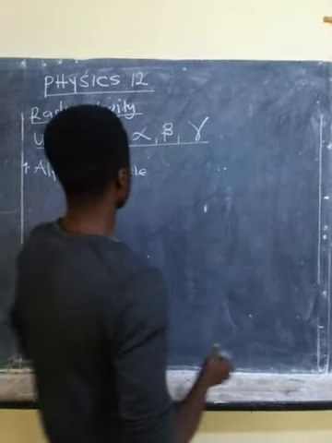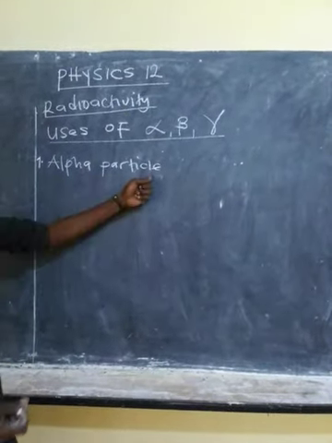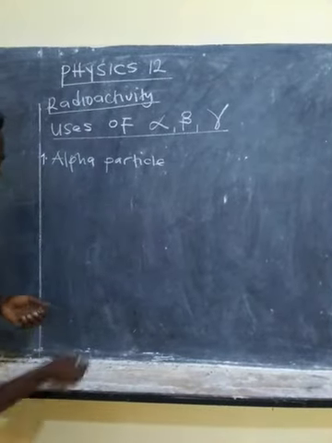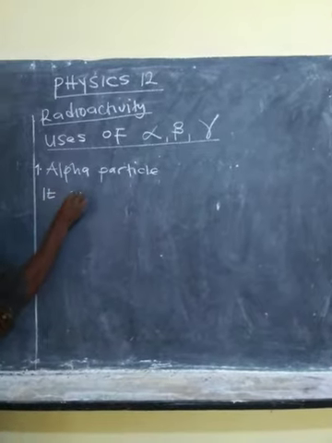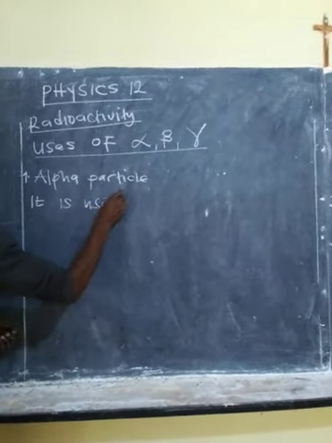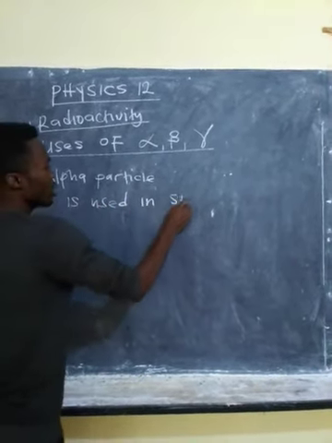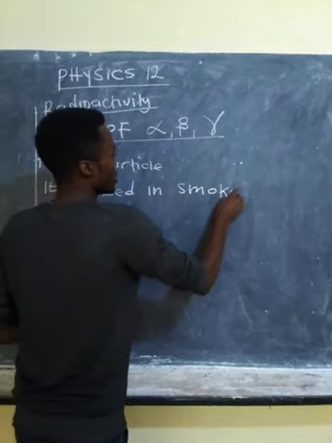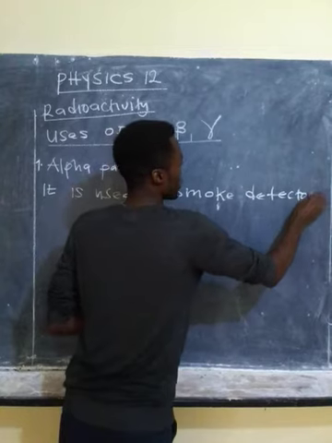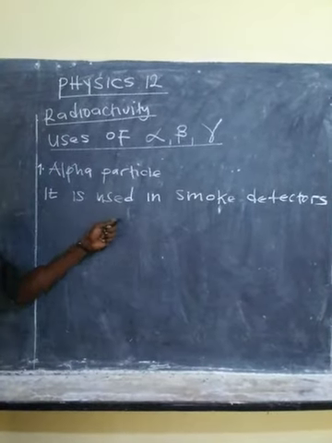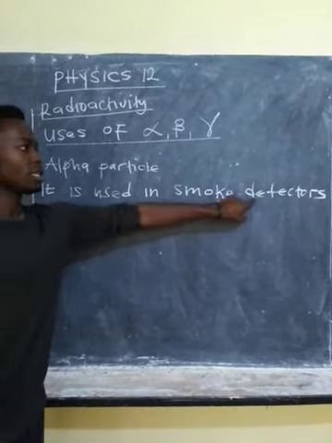So we're going to start with the alpha particle. For the alpha particle, we can say it is used in smoke detectors.